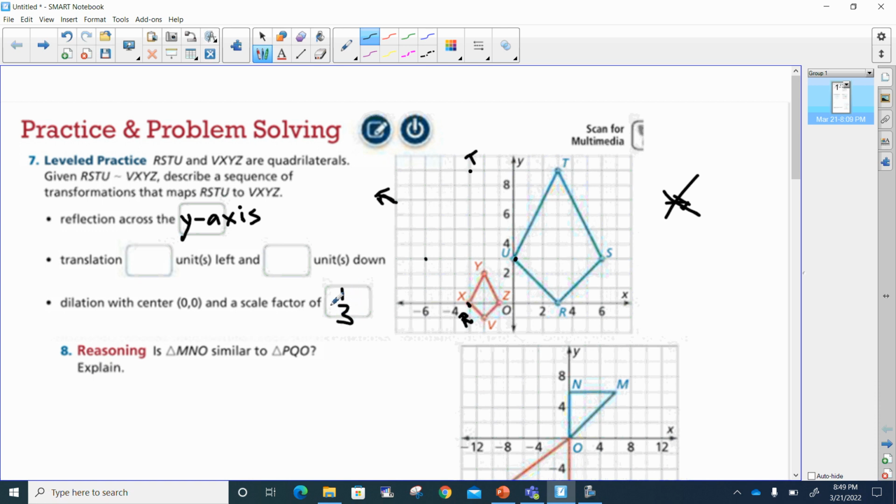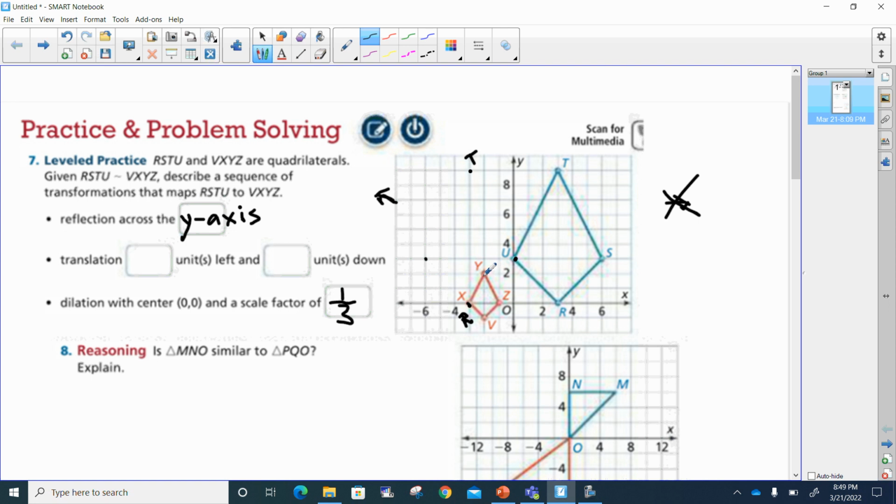This gives me a very big clue of what to do. That means I'm going to have to divide all of these new coordinates by 3. If I divide, let's see, this coordinate here is 3 and 9. Well, if I divided 9 by 3, I would get 3, right? And if I divided 3 by 3, I'd get 1. That would put me somewhere about here. That's not going to work. So what can I do?